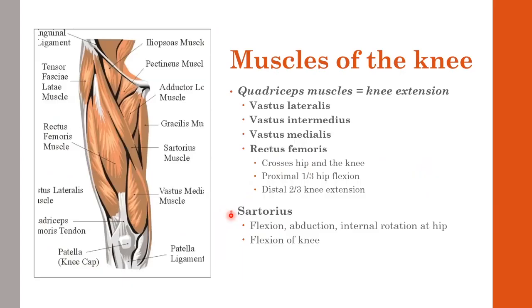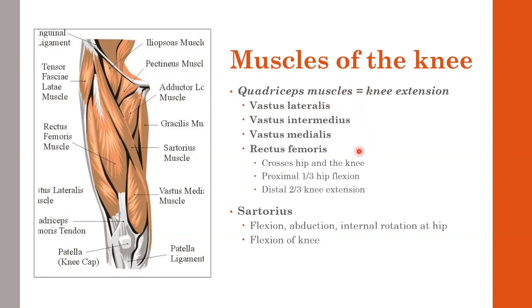Getting into the muscles of the knee, this is very straightforward. A lot of the muscles here we already covered in the hip lecture. The only difference here is that we are analyzing these muscles' action occurring about the knee joint. So for knee extension, our main muscle group would be our quadriceps.